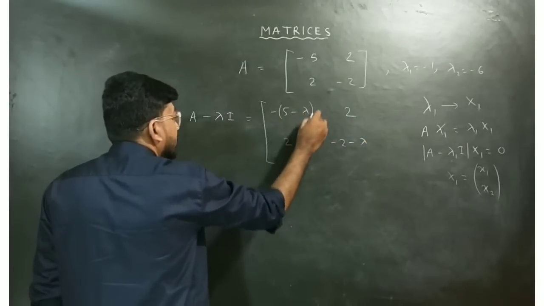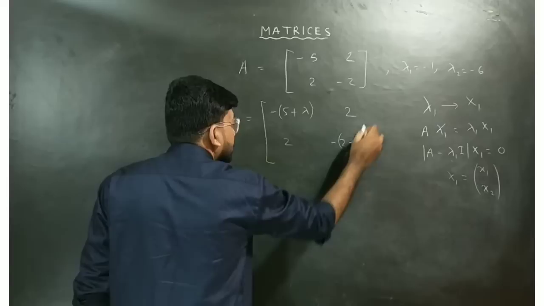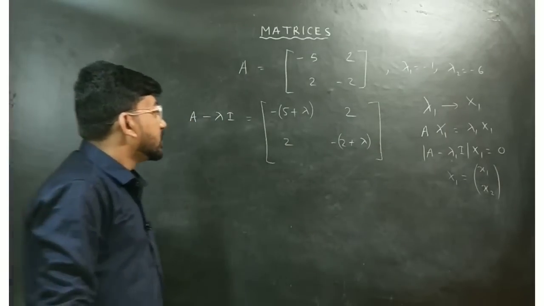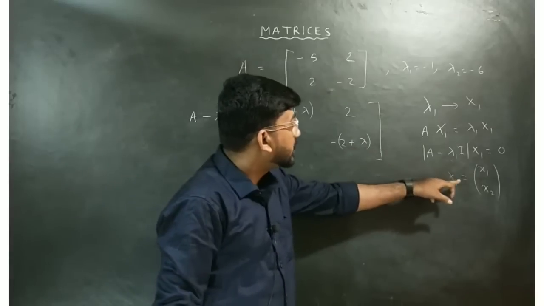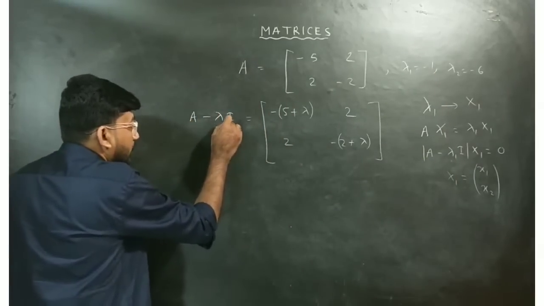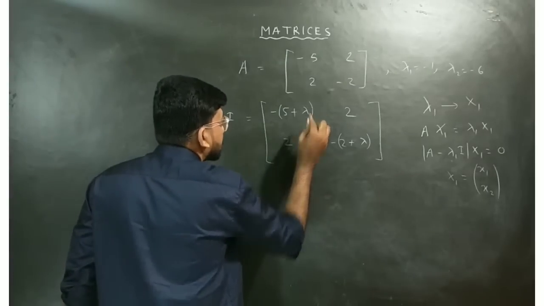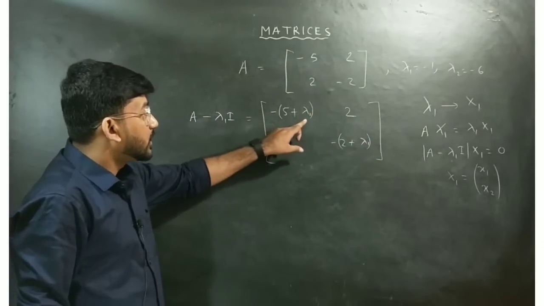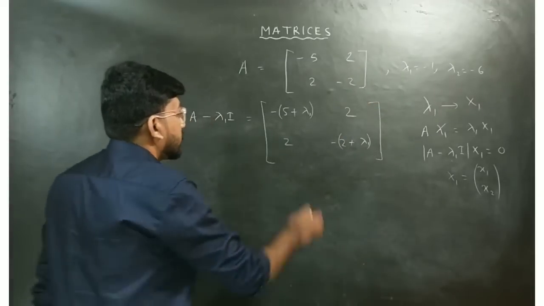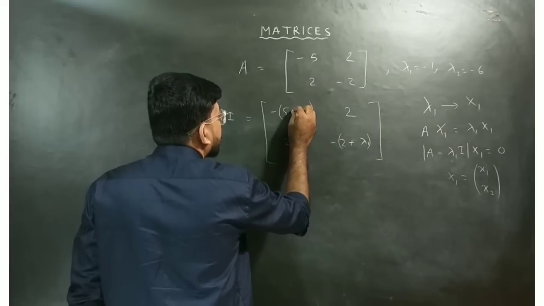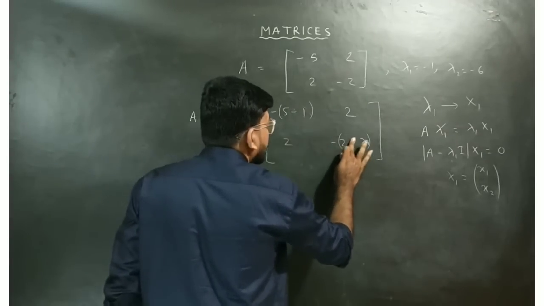Now if you put lambda as minus 1, that is A minus lambda 1 I, then you have to put minus 1 here, so here will be minus 1 and here will also be minus 1.